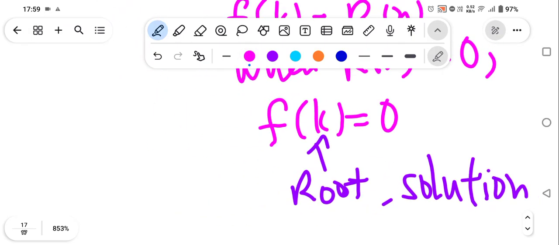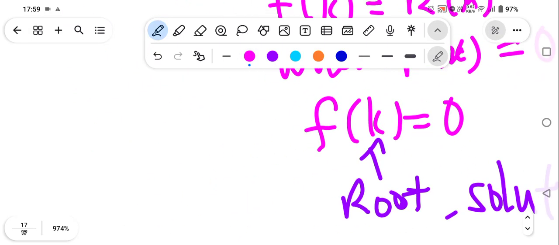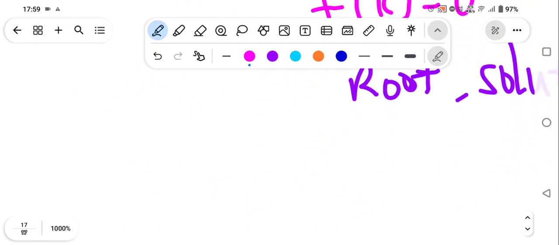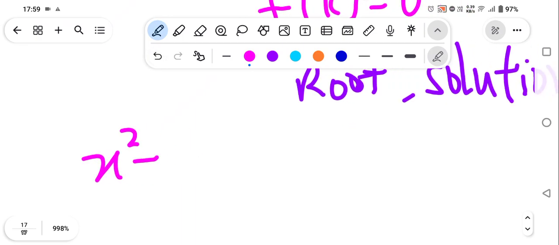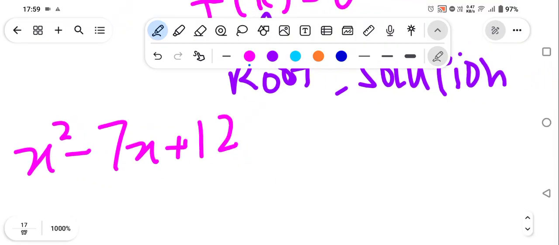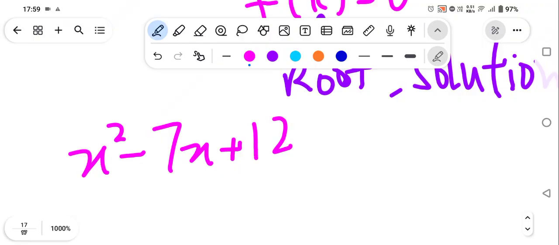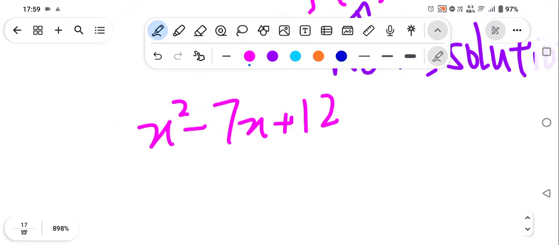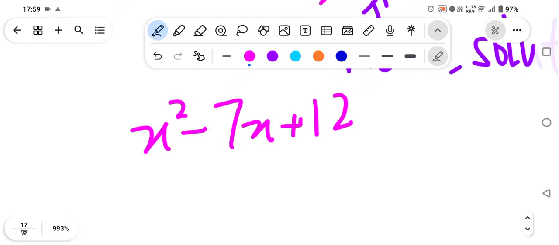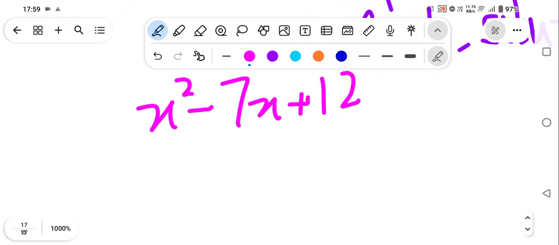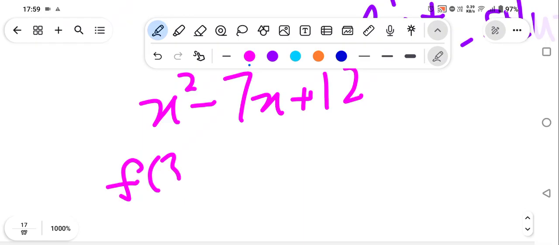So for example, we're going to do x squared minus 7x plus 12, and we're going to test the root of this. We're going to find the root without actually factorizing, and we're just going to substitute x equals 3. So what's f(3)?